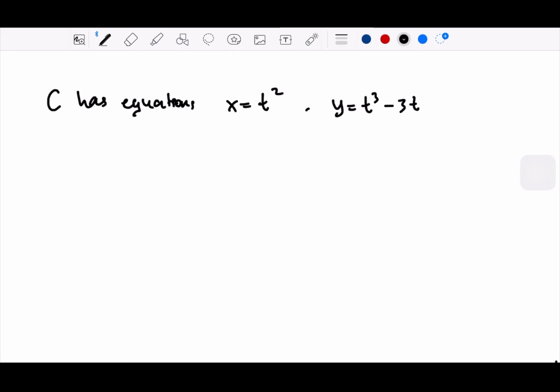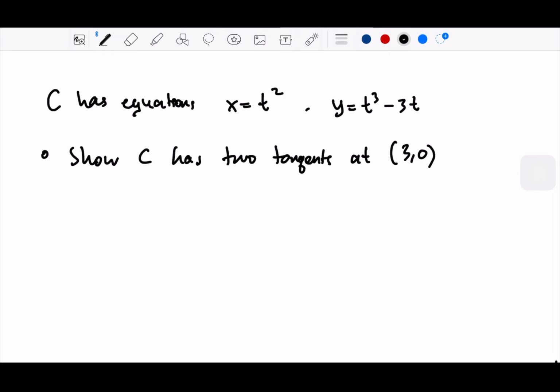Number one, show C has two tangents at (3, 0) and find their equations.